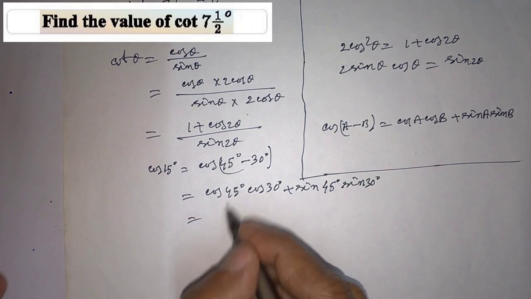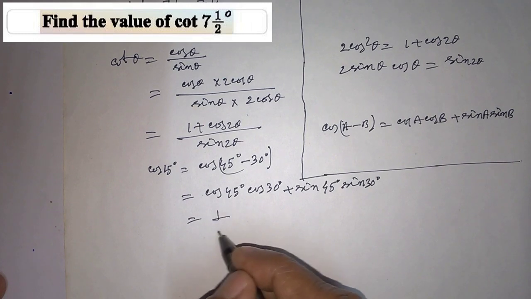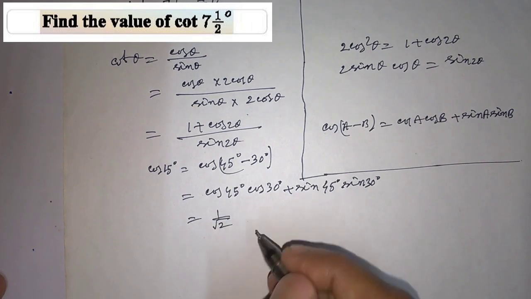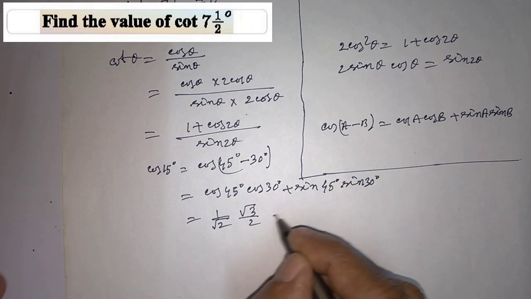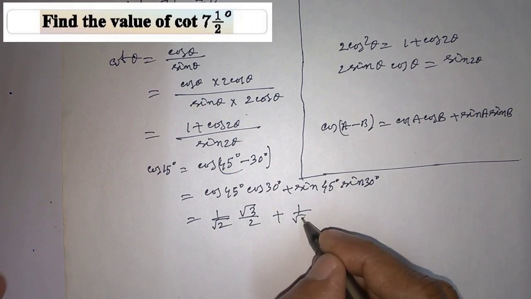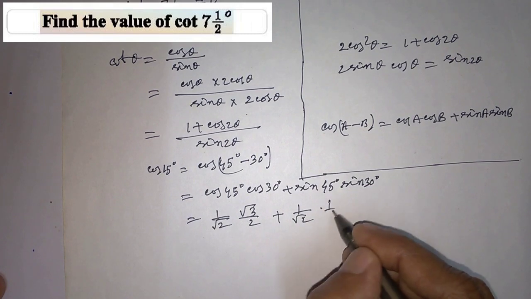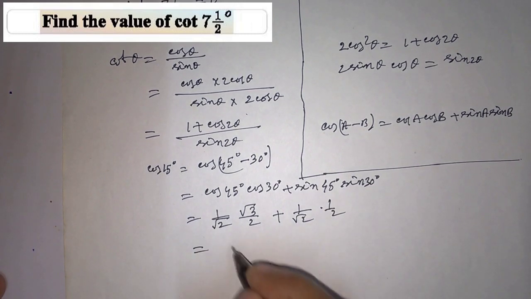Now put the values: cos 45 degree is 1 by root 2, sin 30 degree is half.